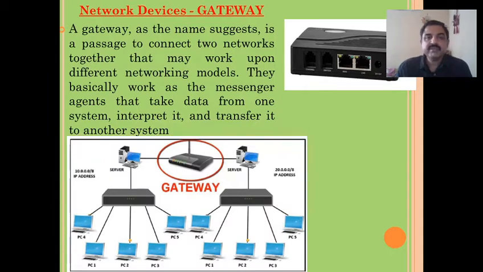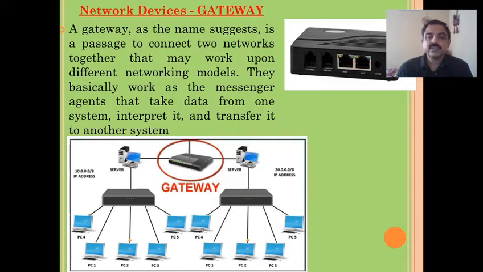Next is gateway. A gateway, as the name suggests, is a passage to connect two networks together that may work upon different networking models. They basically work as messenger agents that take data from one system, interpret it, and transfer it to another system.